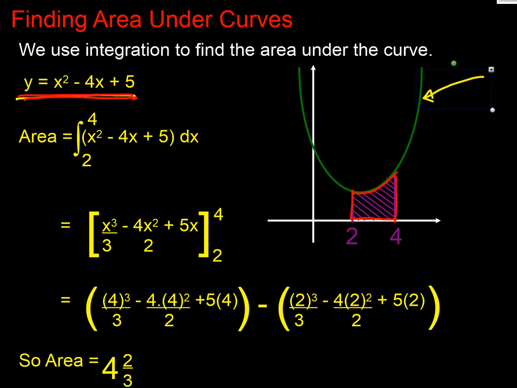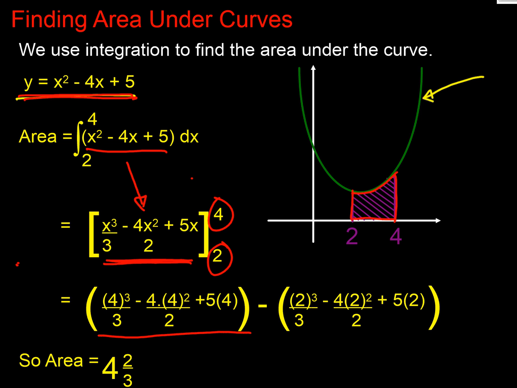So here we go, we want to find the area. So here's our function. Well, we know what our function is, and actually we know that integration is the inverse of differentiation. So if we do inverse differentiation, integration, we can find the function underneath for the area of this, and then we're interested in finding the difference in that function between what it is at x equals 2 and what it is at x equals 4.